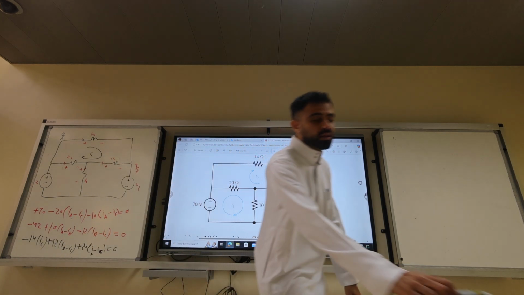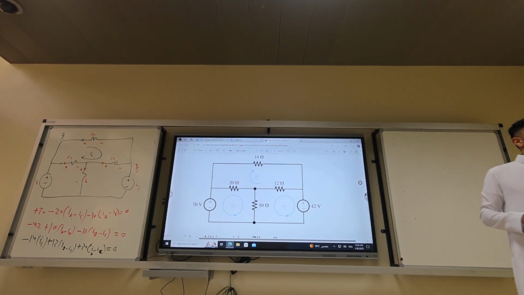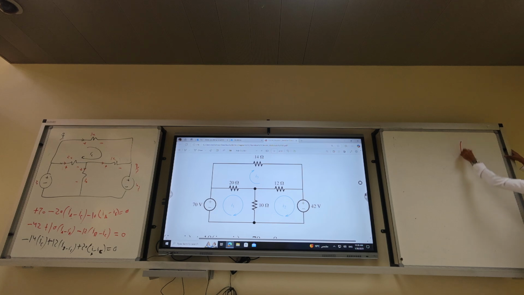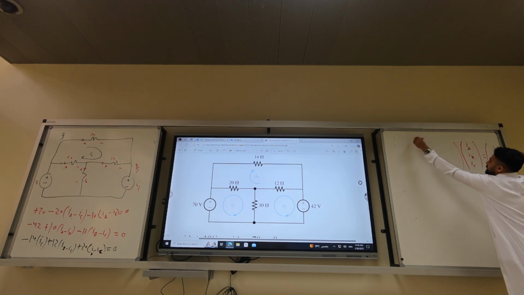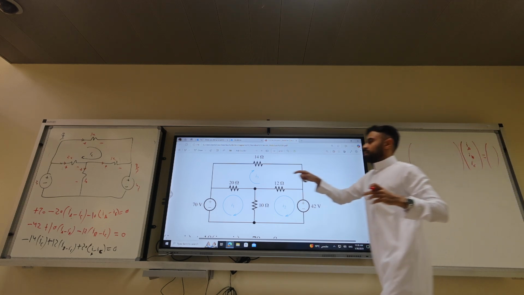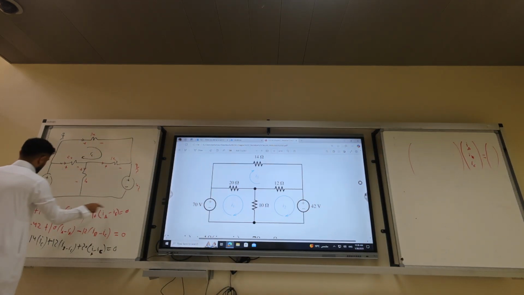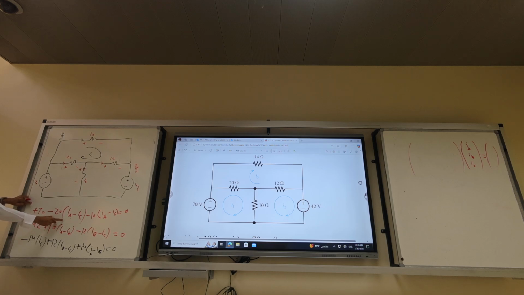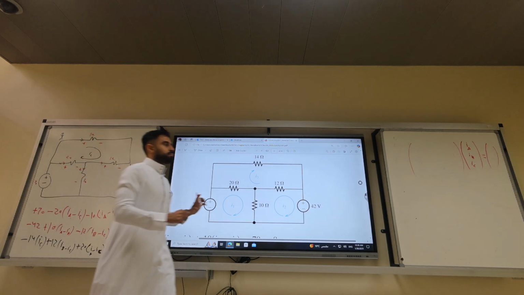Standard form. Who wants to do the standard form? You have to do the standard form. How many variables? Names. IA, IB, IC. Let's start. Here, what do we have? Minus 20, minus 10, minus 30.